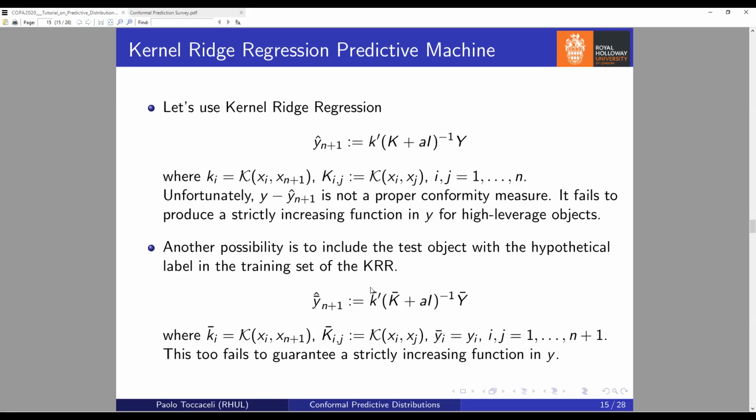So if you have an x which is sort of out there, and whose effect on the prediction is excessive, this leads to the properties that I was requiring a few moments ago not being met. So another possibility is to include the test object with the hypothetical label in the training set for the KRR. But even this fails to guarantee a strictly increasing function in y. But we are on the right track.